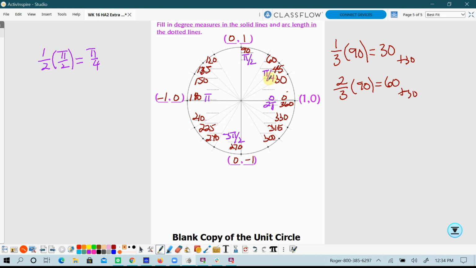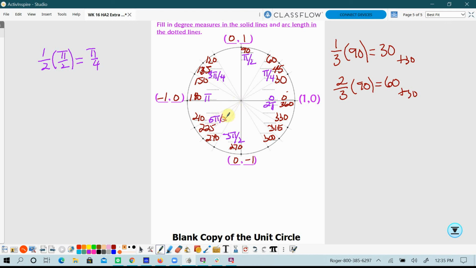Now look at how I use that. 1/4 of pi, 2/4 of pi is at 90. That means at 135 in the middle, this would be 3/4 of pi. Then this is 4/4 of pi. Add another fourth here at 225.